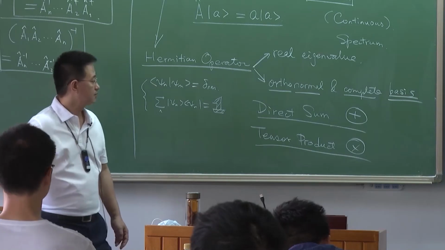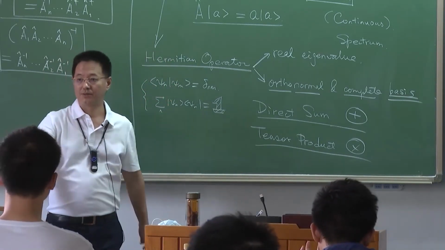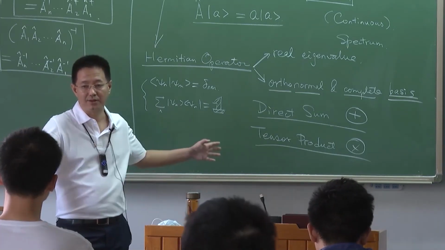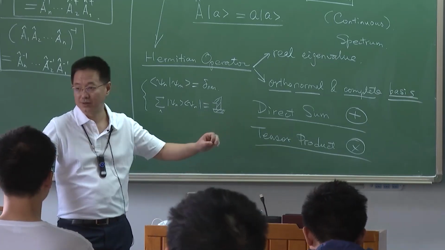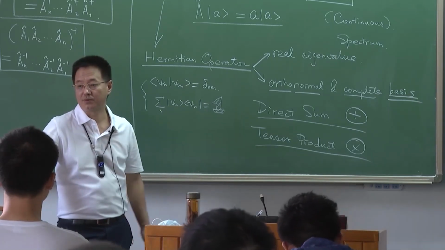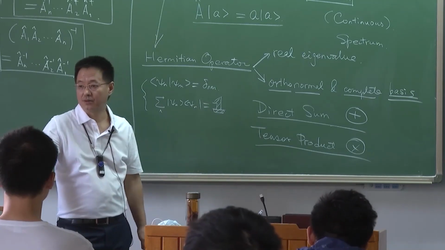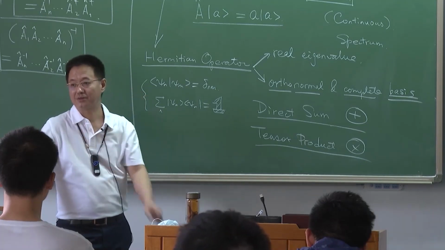So we prefer to use the tensor product if you have two bases, because the dimensionality for the tensor product is the product of the two dimensions. And for the direct sum, the dimension is equal to the summation of the two dimensions.